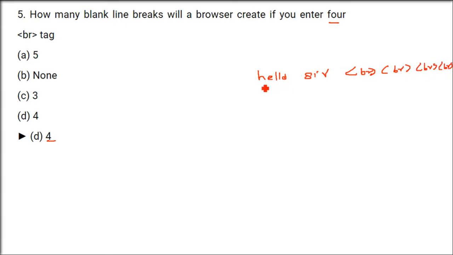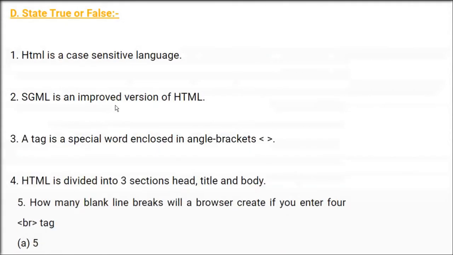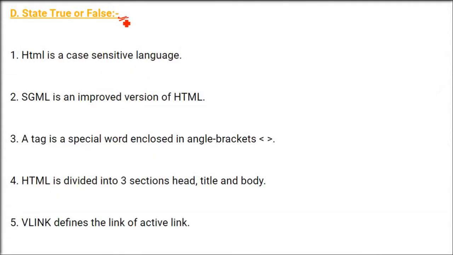It is only one tag. So 1, 2, 3, 4. 4 lines will be shown here. 4 lines will be free. And then whatever you have written after this, how are you, will come after 4 lines. 4 blank lines will be created by this BR. Please know that there is no /BR.